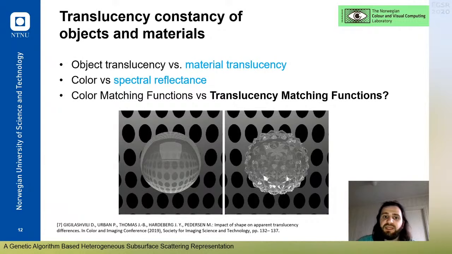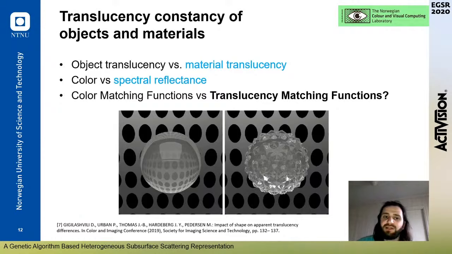And so when we talk about translucency, is it material translucency as an absolute property? Is it a physical property, how light travels through the material? Or is it object translucency, the image cues preserved on this particular object? We don't know this.